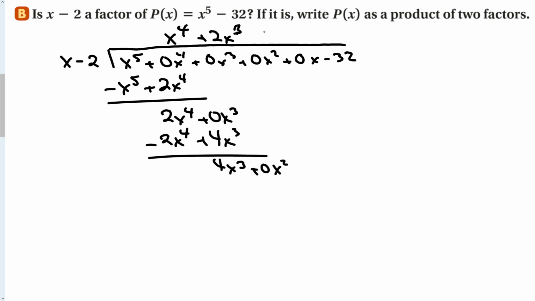Divide. We have 4x squared. Multiply, minus 8x squared. Subtract. Bring down the x. Divide.